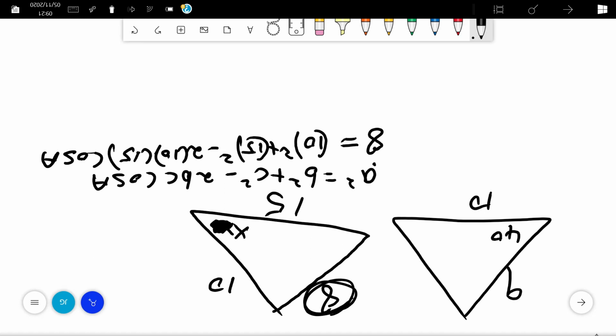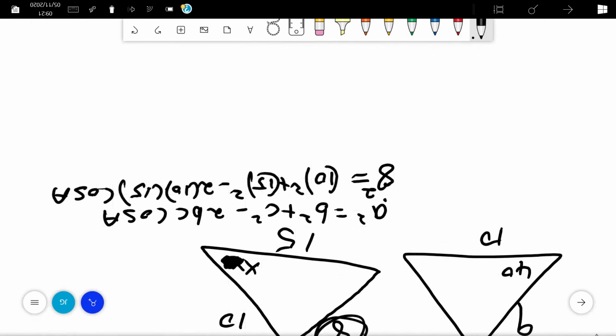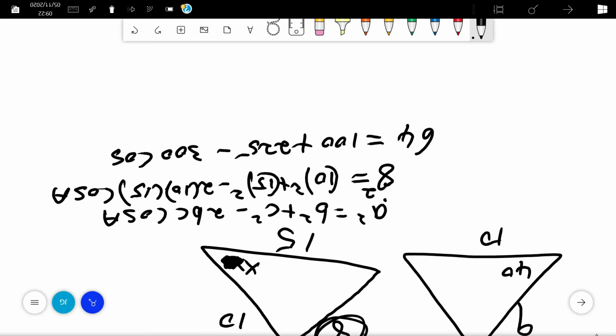The one opposite the angle you're interested in is always going to be A. So that's 8 squared, so that then is 64 equals 100 plus 225 minus 300 cosine A. So 64 equals 100 plus 225 minus 300, I hope that's right, 30 by 10 it is.